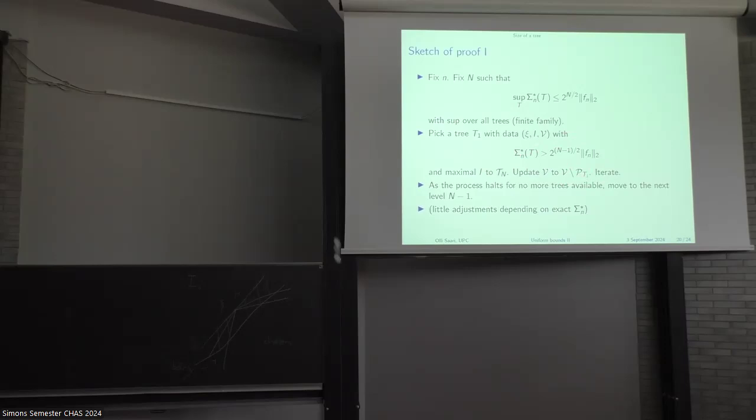And then we take this new reference family and we look for trees with respect to that reference family, and we keep doing the greedy selections. And because we only have finitely many trees, the process will halt at some point. And this is roughly the core argument. But you must do some adjustments for each size, depending on which size you are picking.